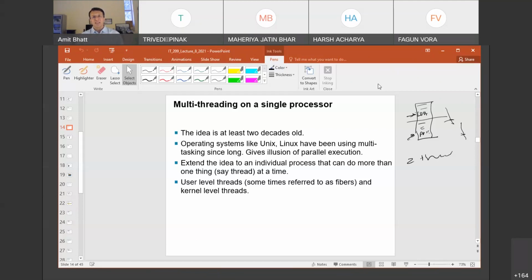All you have to tell the compiler is that from this portion to this portion, my program is parallelizable, maybe because it's matrix multiplication or some such thing, and automatically it would thread into as many threads as you like. You just have to define, I want to divide this task into 16 threads or 32 threads or 64 threads or however many. So that is also possible. So multi-threading is not only for multi-core processors. Multi-threading can also give you some advantage on a single processor.